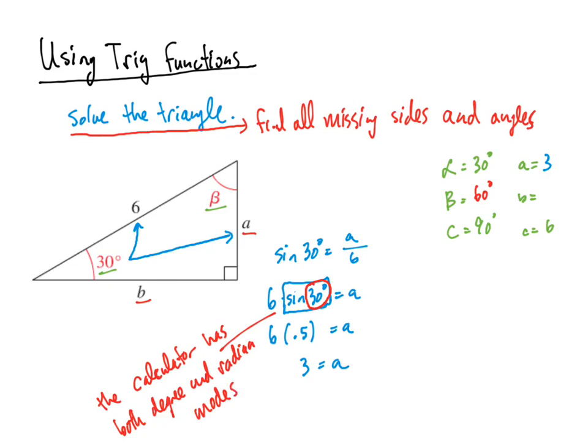If your calculator was set to radian mode and you had entered this, that would be interpreting the sine of 30 as sine of 30 radians, and we would have gotten something different than 0.5.